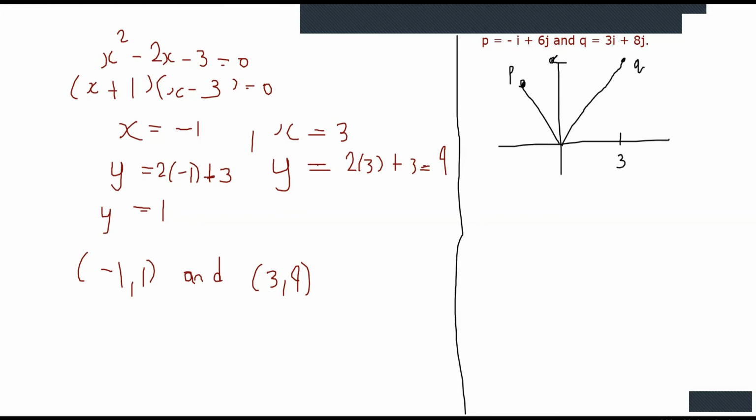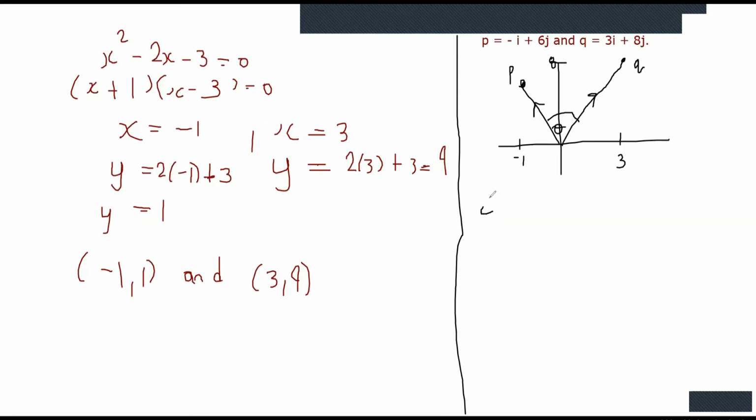Now what does this do for us? If this is 3 and this is 8 right here, and this right here is your minus 1, this is our P, this is our Q. The acute angle between them, we need it when they're either both diverging or both converging. So the acute angle, let's call the angle theta, because that's what they said.